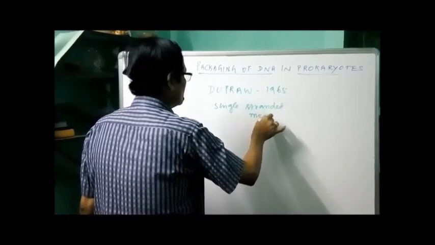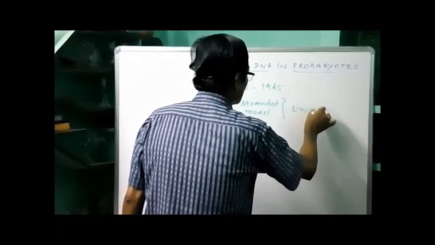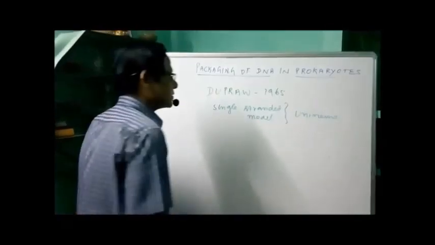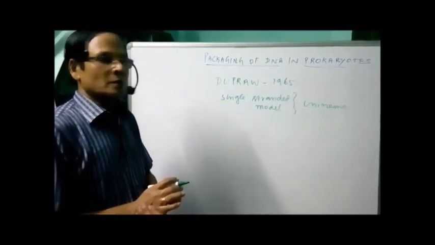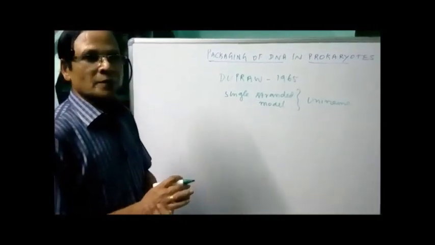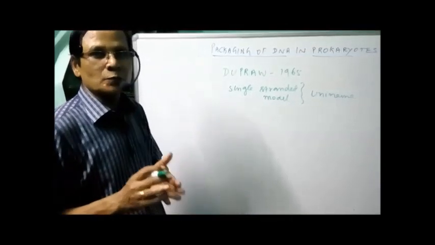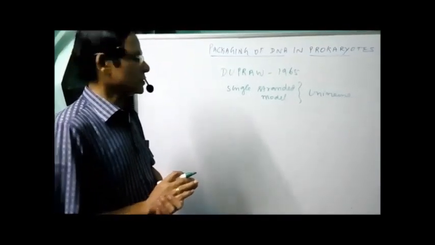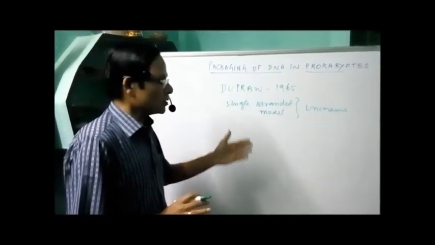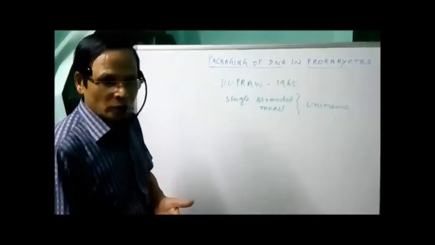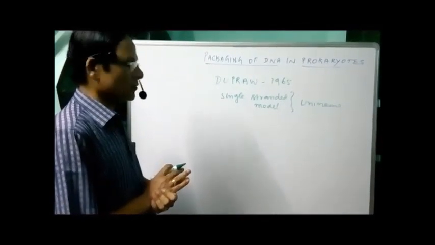If it is single stranded, it is called unineme. A single stranded model for DNA, a coiled molecule associated with proteins named histone. Simply he explained that the DNA is a single stranded molecule, a coiled molecule associated with proteins.